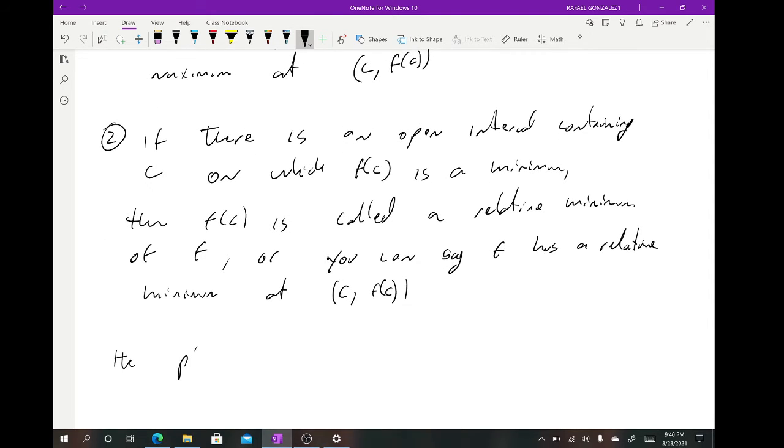Now, the plural, so sometimes you may see this when you're reading books or when you're working with problems.